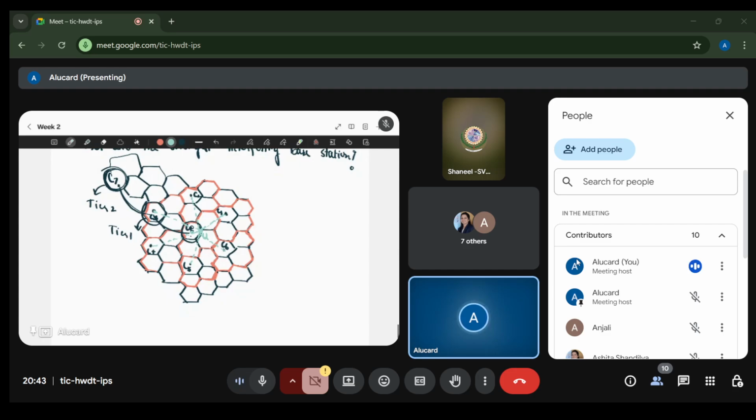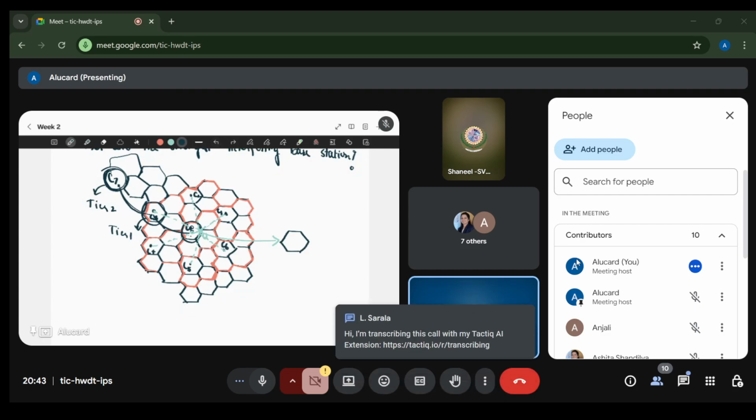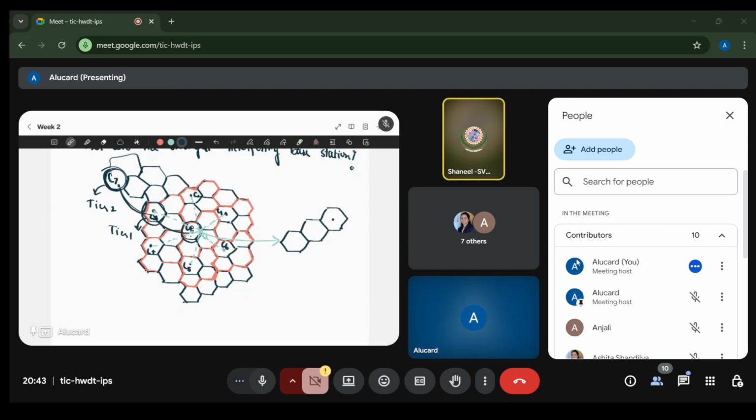But if you draw this portion separately, if you had drawn it properly, it would be something like this.